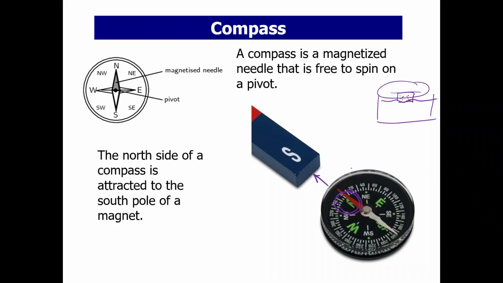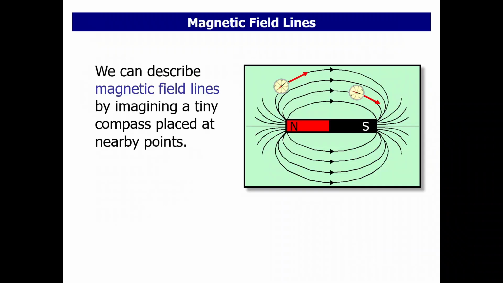The north side of the compass is attracted to the south pole of a magnet because opposites attract. So then why does a compass point north if it's attracted to the south pole of a magnet?